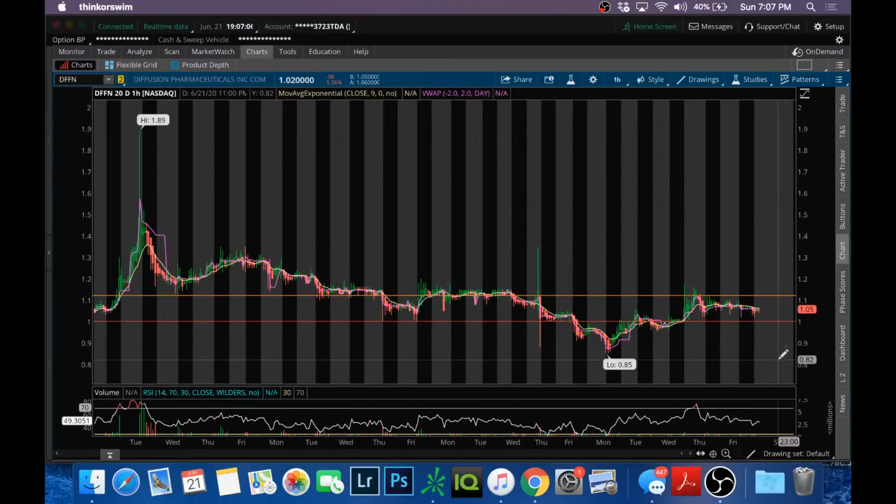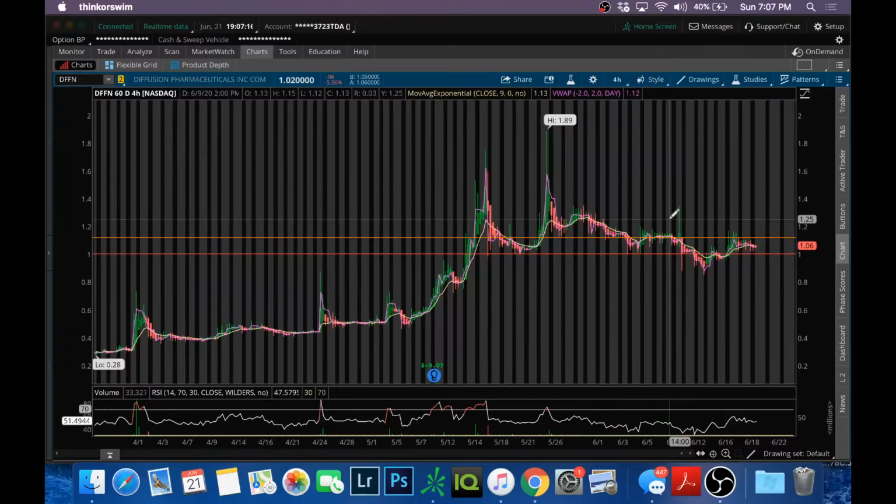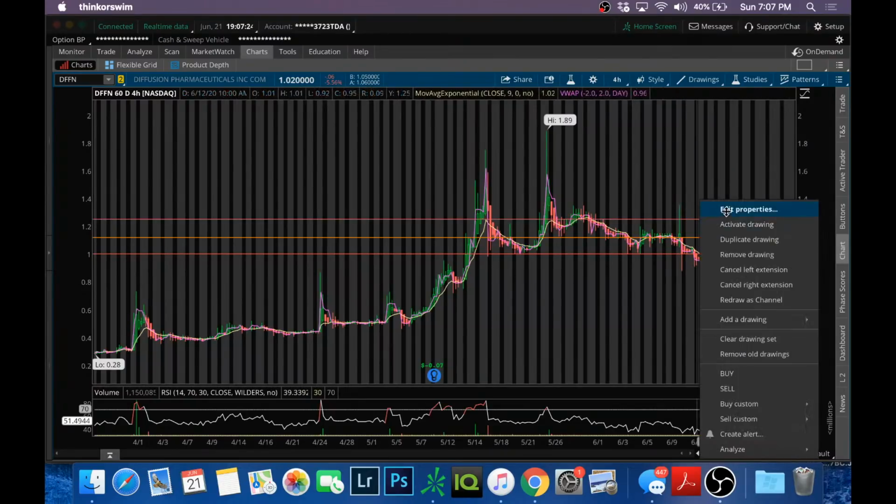I have to see more tomorrow, see if they have news or they do something. I know they didn't have the votes for it. They had the shareholder meeting, so they didn't have the vote. So I'm just waiting to see what happens, so I can take a position. That's one of the stocks that I'm watching this week.